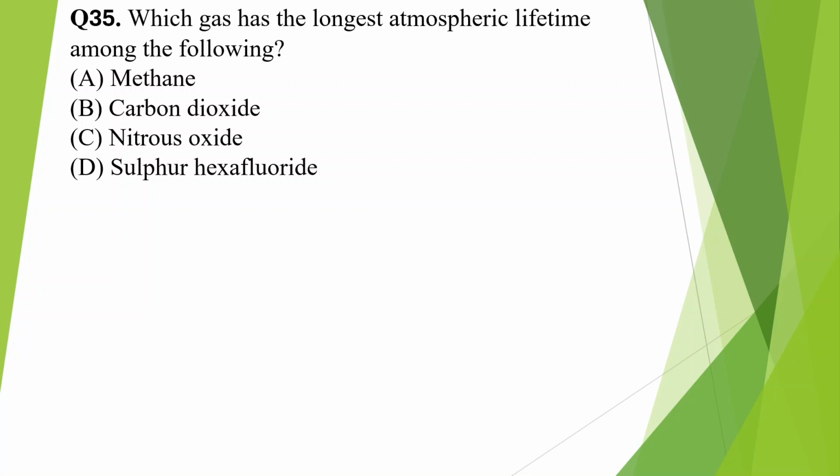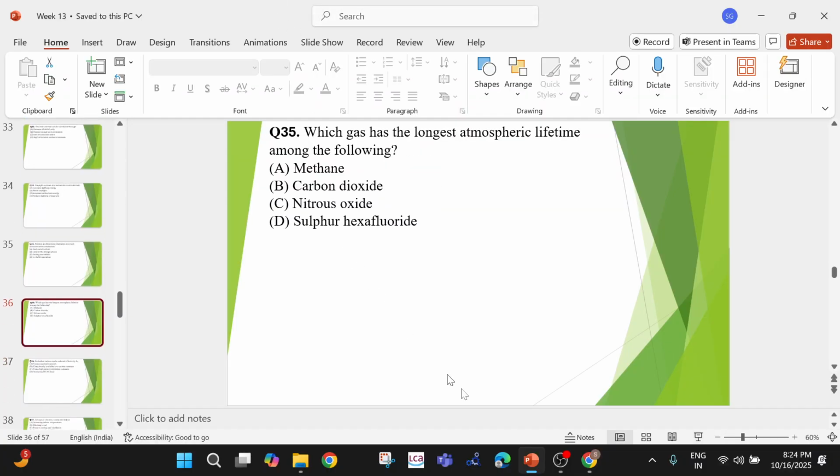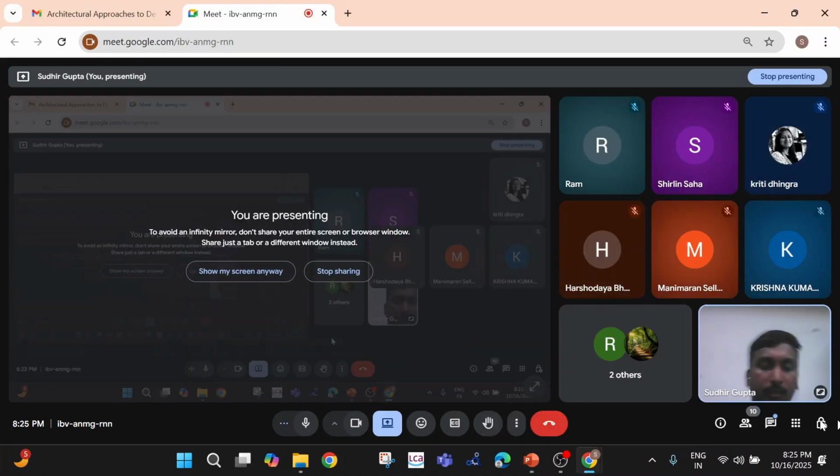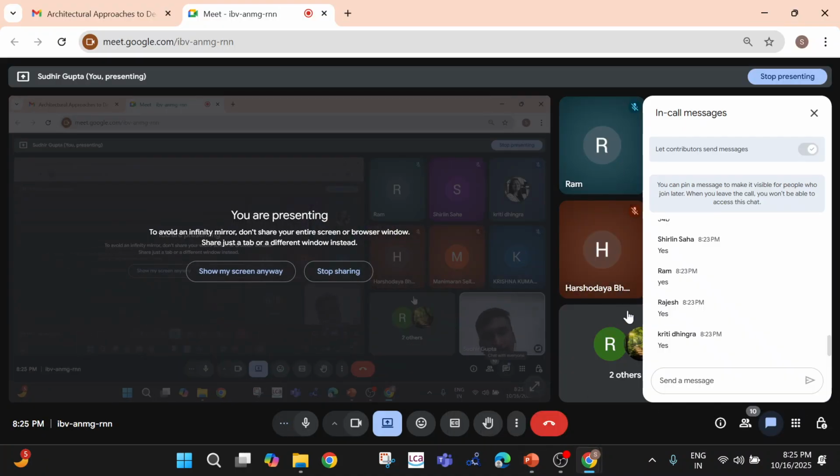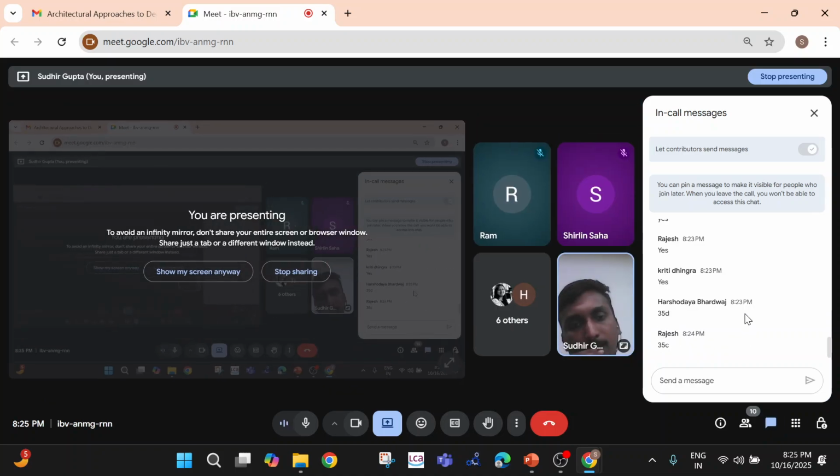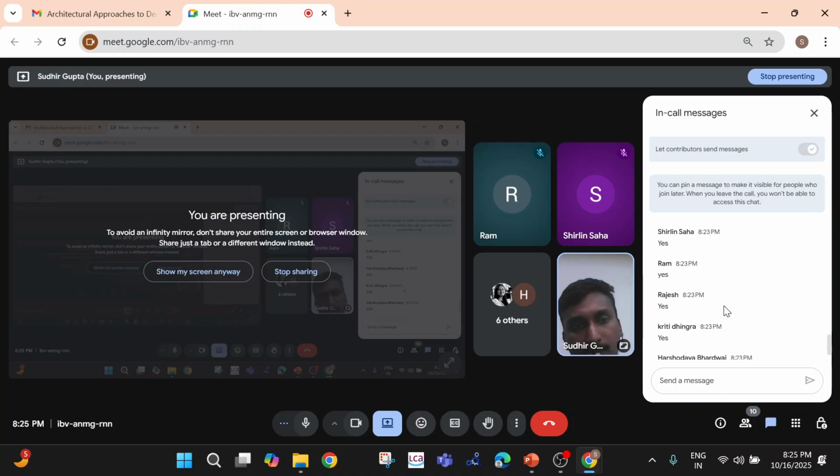So should we wait for 1 minute? Maybe some more want to add their answers to this question, and then we will be discussing the correct answer. Out of the 35 questions that I have presented here, only 2 are voting their answers for this question. The rest, Kirti and another, Manimbaran, I guess, are not.